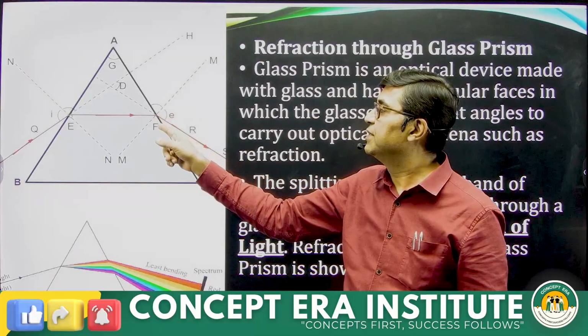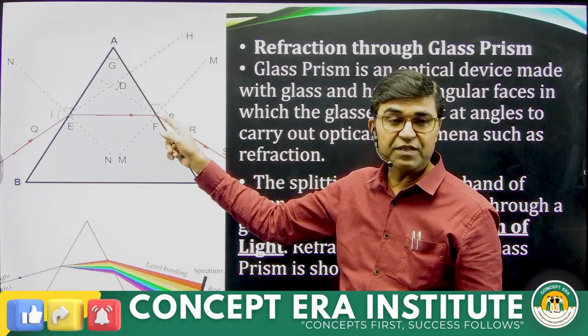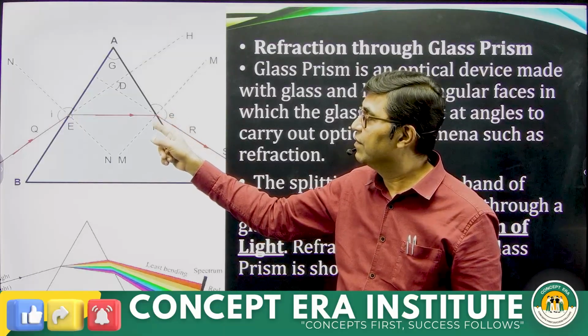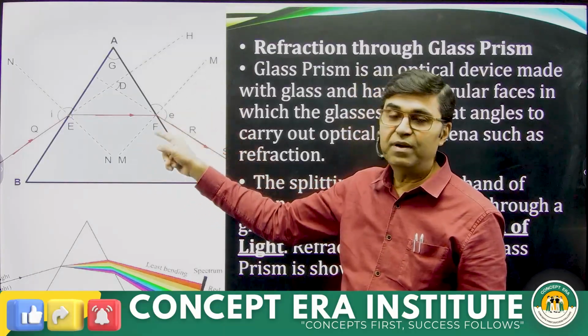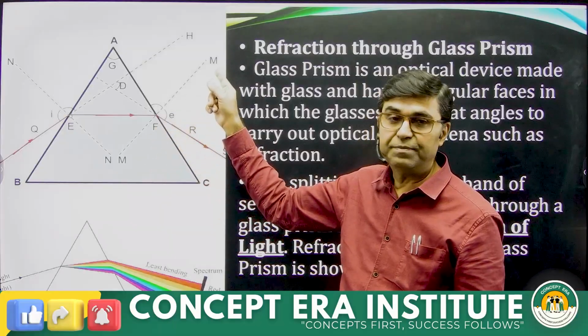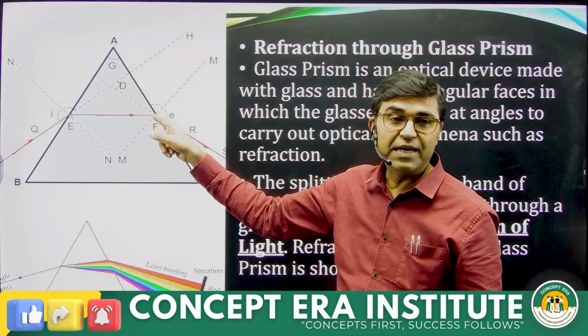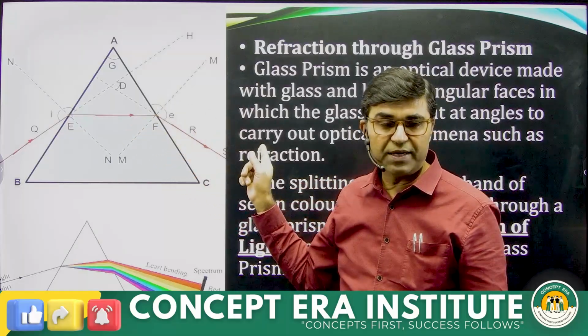Now at point F, the second refraction will take place, that is the exit point. At F again, we'll make a normal FM. Now at F, the light is entering from glass into the air.